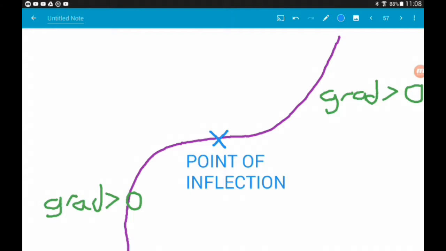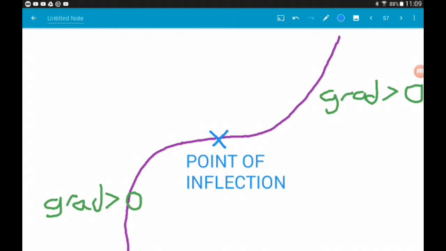It's getting more and more gentle until it gets to this point where it's equal to 0, but then instead of turning around and becoming negative, it's changed its mind and it's just gone, actually I'm going to carry on being positive. We could also have a point of inflection with a negative gradient on the left and a negative gradient on the right. So that's our three different types.